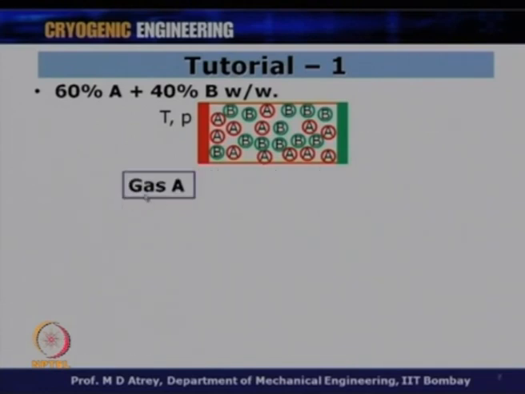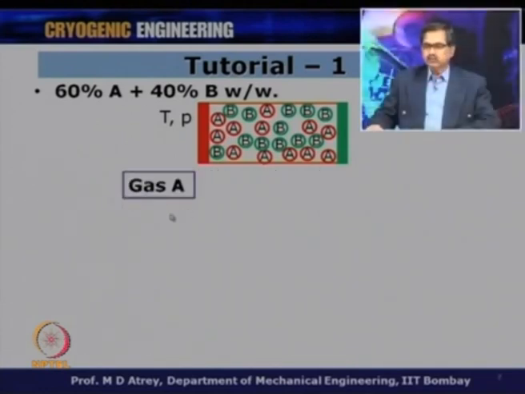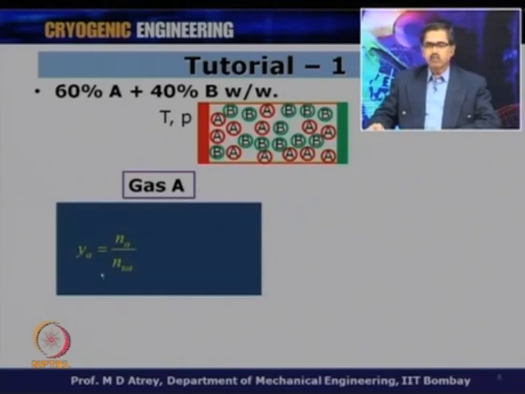So, if I want to find the molar fraction of gas A now, what is the definition of molar fraction? Ya is equal to Na upon N total. That means number of moles of A in a mixture divided by total number of moles. Writing Na as we did earlier, we get 0.6 x upon 28 divided by N total, which is 0.6 x upon 28 plus 0.4 x upon 32.